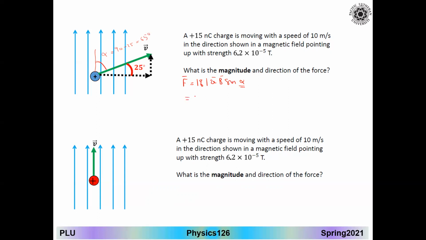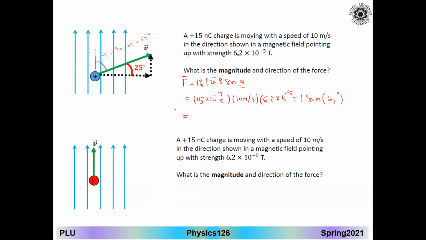Now I have all the information that I need. Q is 15 nano, 10 to the minus 9 coulomb, times 10 meters per second, times 6.2 times 10 to the minus 5, times sine 65 as the angle.